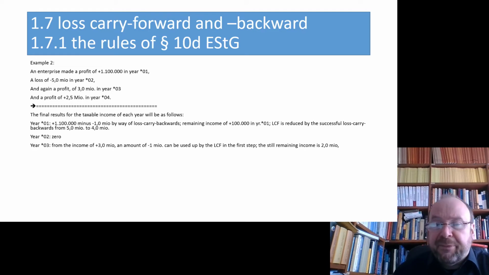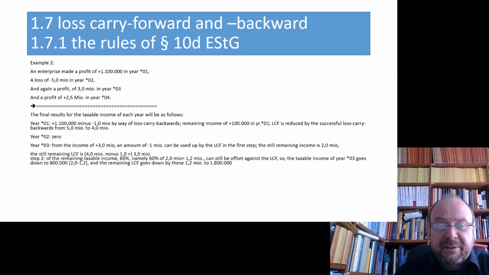Year three, we start with an income of 3 million from this year. The first step is you can deduct 1 million loss carry forward immediately. The remaining income is 2 million, and the loss carry forward drops down from 4 million minus that 1 million to 3 million. Step number 2.